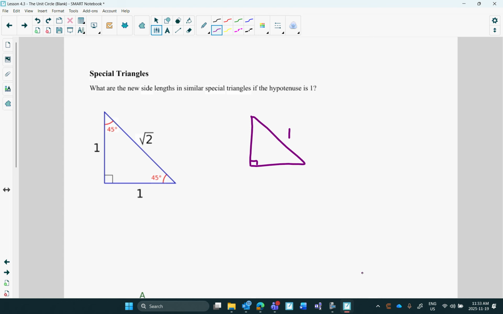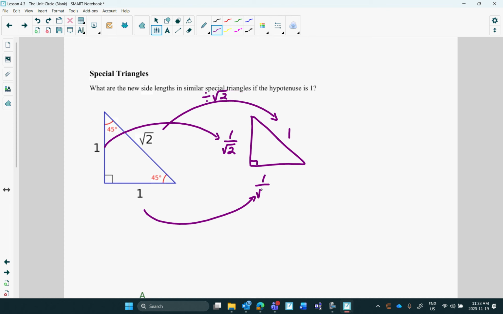Remember, this is proportional. What would I divide this hypotenuse by to get this? Divide by square root 2. And if you're going to do that to one side, you've got to do it to all of them. So how do I have to change this one? I've got to go 1 divided by square root of 2.